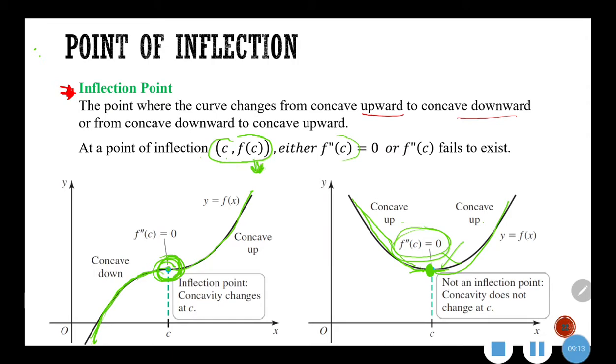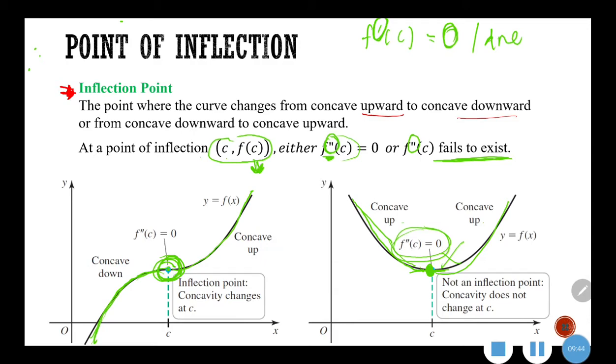Critical number juga, tapi kalau critical number sebelum ni, kita find when f prime c equals 0 ataupun does not exist. But for inflection point, kita cari when f double prime c equals 0 or fails to exist. Okay kelas, kalau critical point sebelum ni is f prime, yang ni adalah f double prime. 2 kali differentiate.